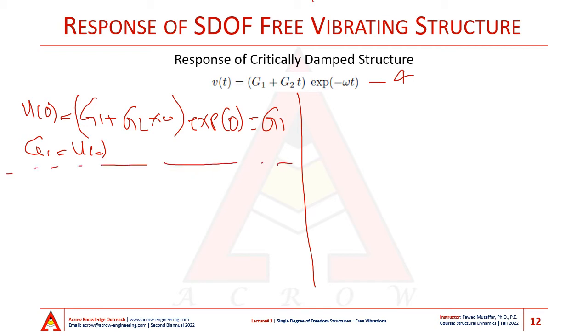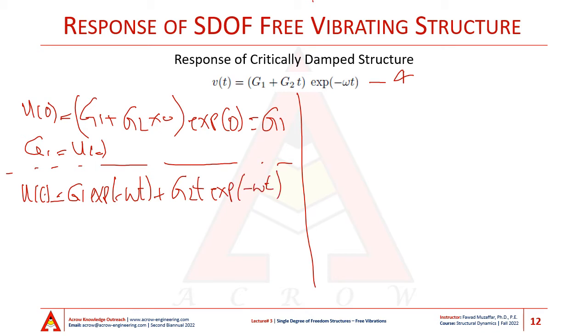Let's take the derivative of equation 4. If we do that, we get, let's first open this expression, G1 into exponential of minus omega t plus G2t into exponential of minus omega t.